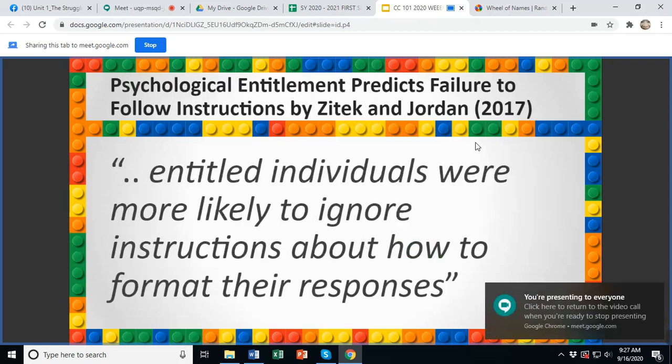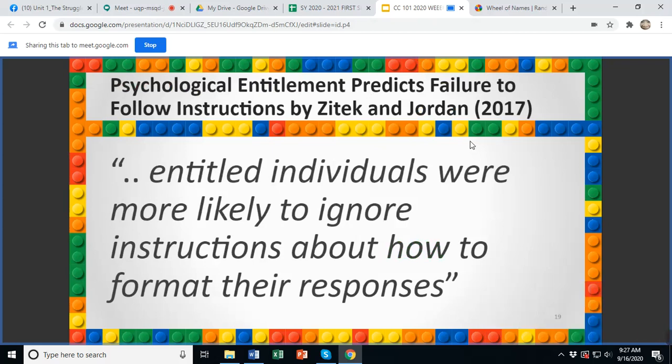Okay, this one is a statement coming from a study in Jordan in 2017 entitled Psychological Entitlement Predicts Failure to Follow Instructions. They said that entitled individuals, mga tao nga masyadong believe sa sarili, see themselves as higher than everyone else.